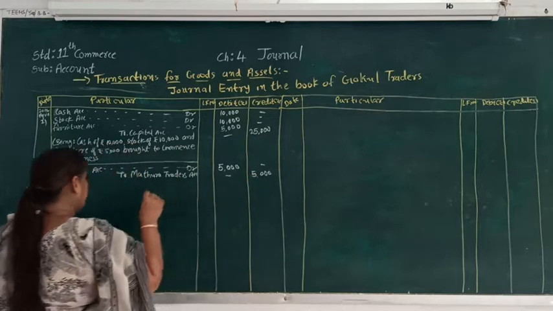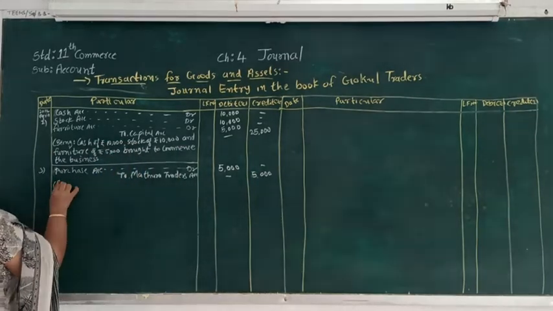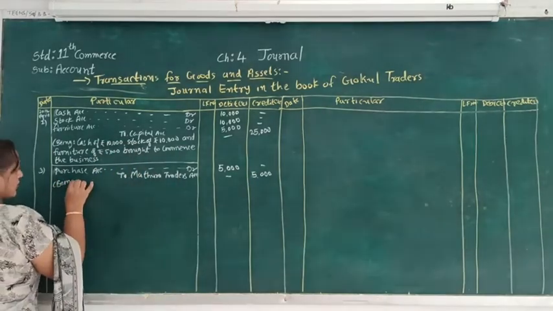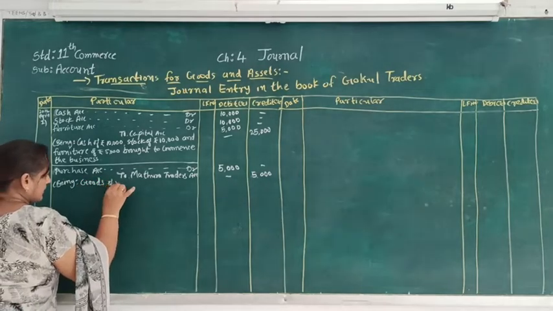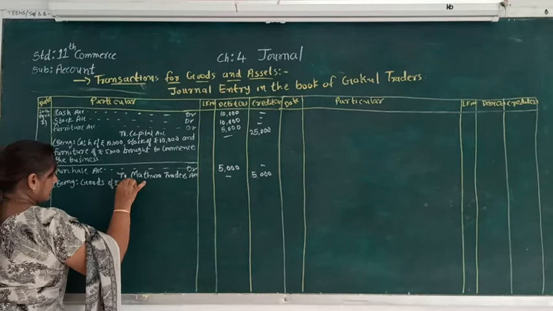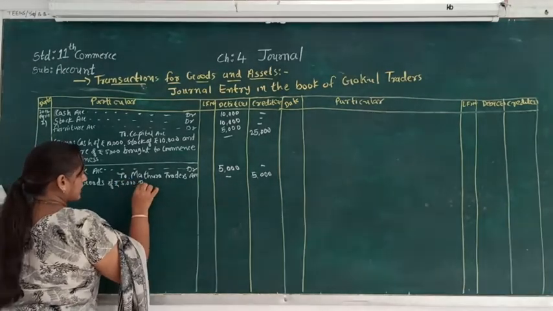Being goods of rupees 5,000 purchased from Mathura traders.